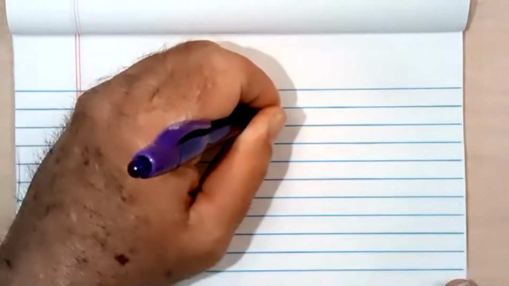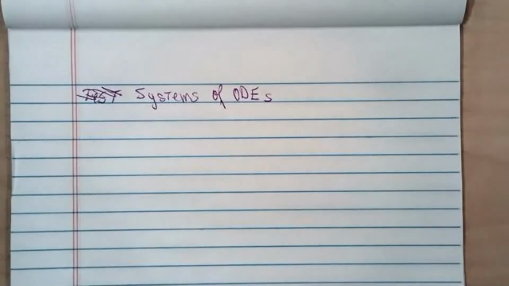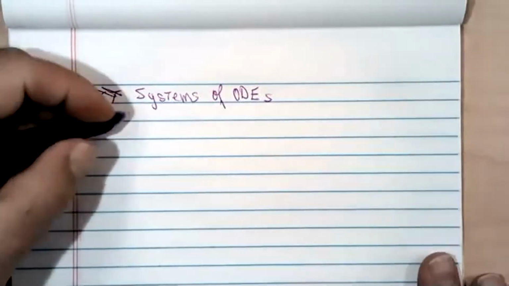All right, tonight we want to talk more about systems of equations. In particular, we're going to be looking at two things, or maybe I even should say three.